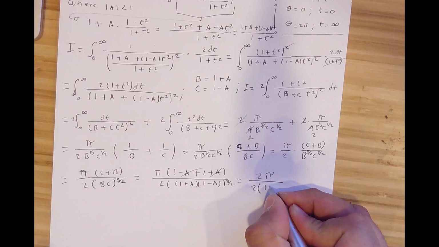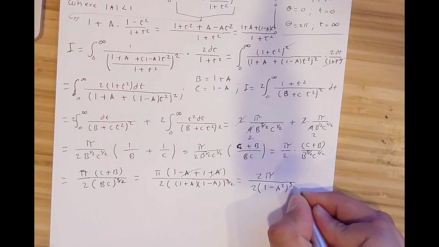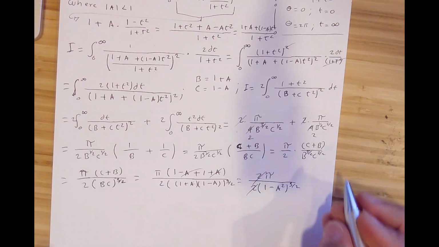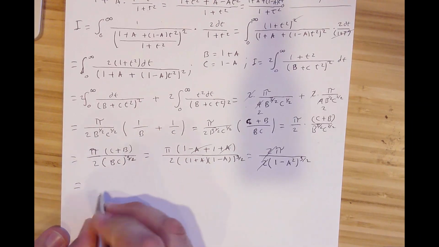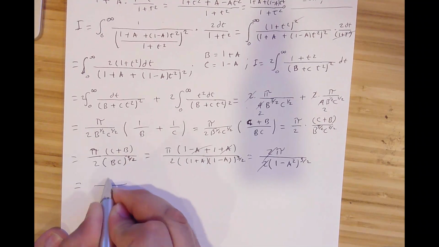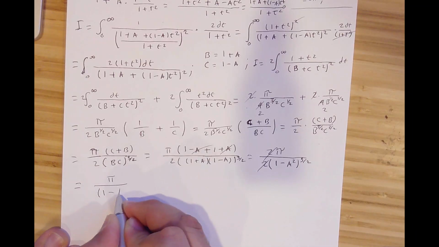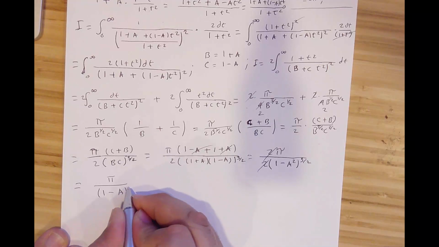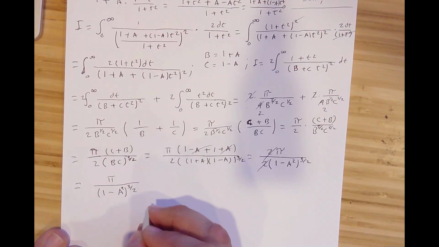So this is 1 squared minus a squared, elevated to the 3/2, and we can get rid of these 2, and finally the solution for our integral is pi over 1 minus a squared elevated to 3/2. Okay, thank you.